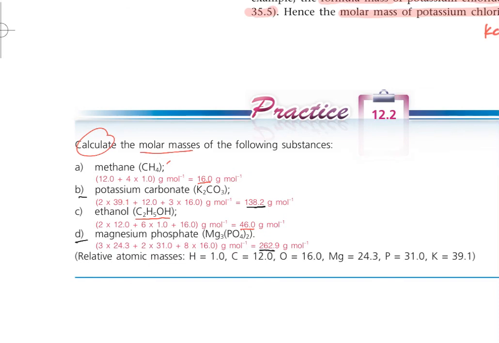But for molar mass, the value is the same as either the relative molecular mass or the formula mass. But don't forget the unit, because molar mass refers to the mass of 1 mole of substance, so it contains the units. Okay, so I hope you understand.